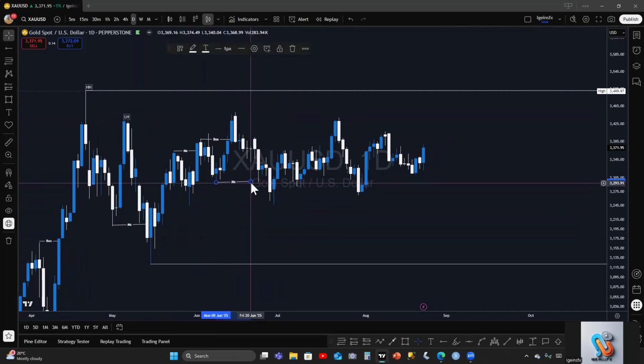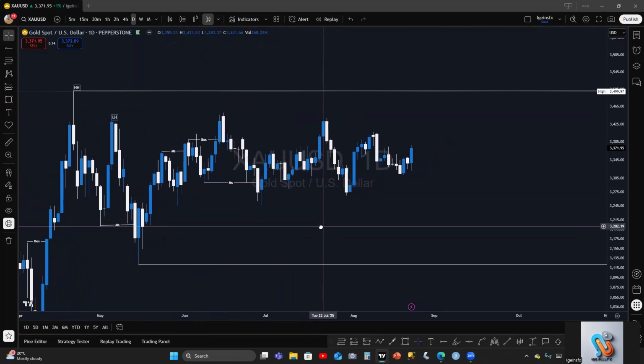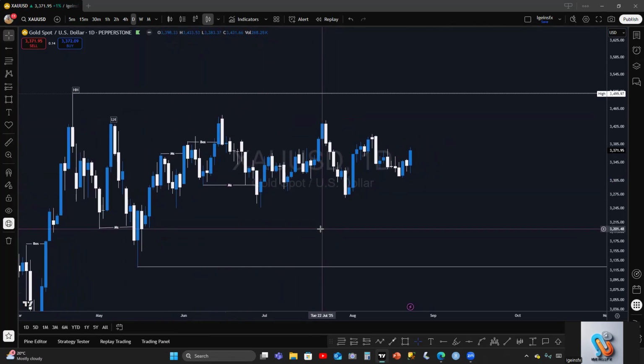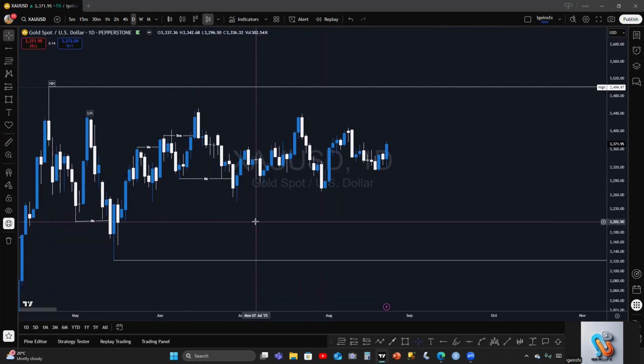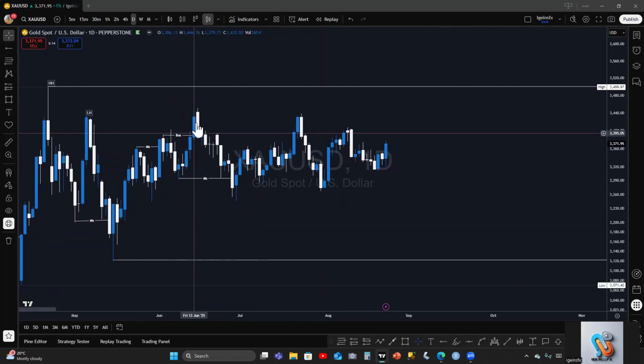Guys, we should understand that once you are on an uptrend and a support level is violated, automatically that is a market shift. So this support was violated, you see, price came down.